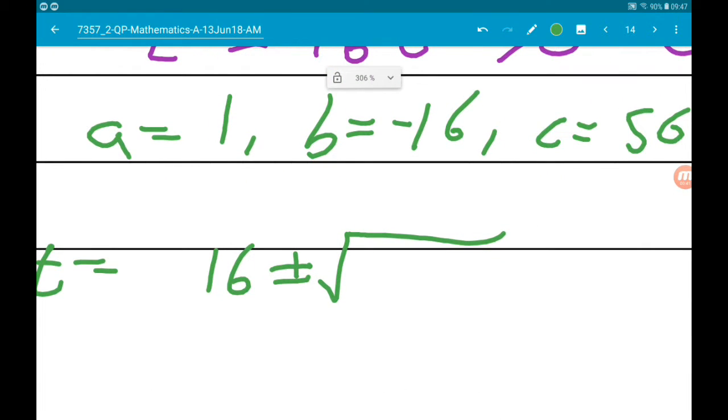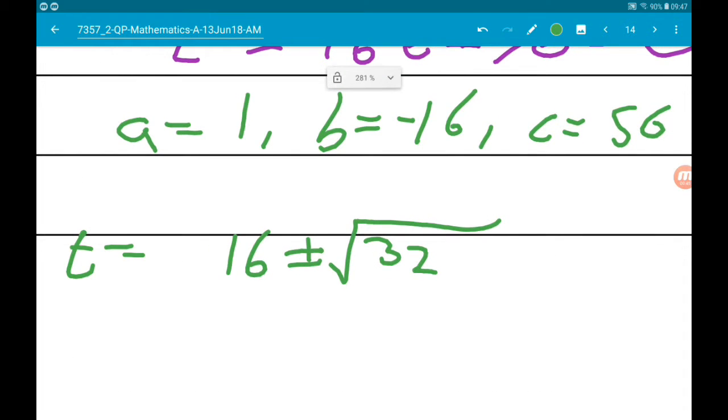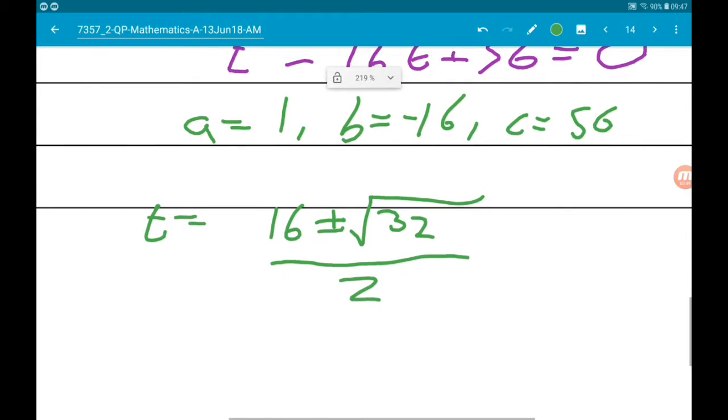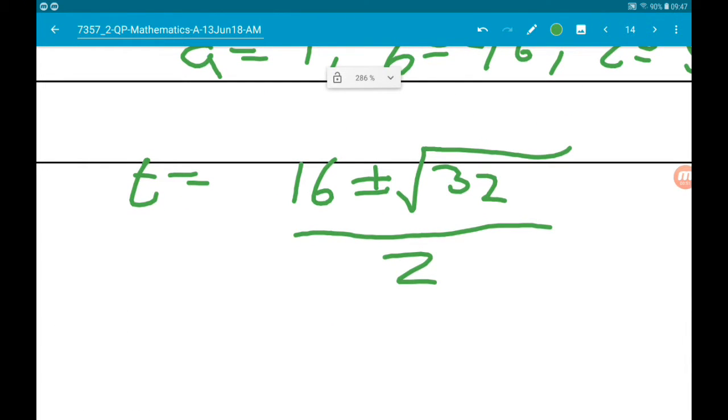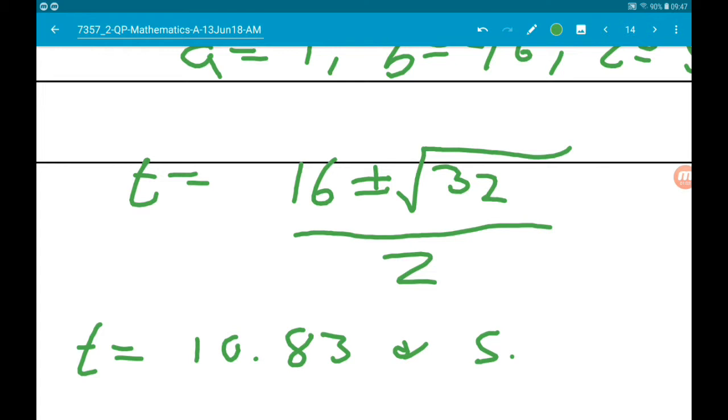Now you should get 32 in there, and then that's all over 2. That gives us t is either 10.83 or 5.17.